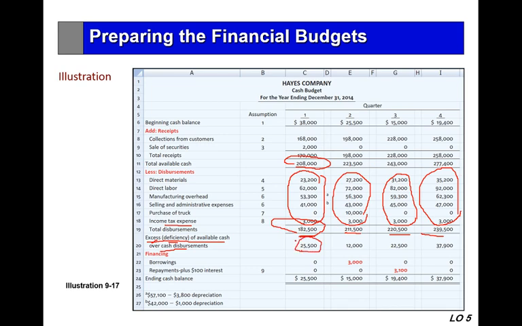We don't put parentheses here. If we don't put parentheses, then it's excess, because parentheses mean deficiency. And we have $223,500 minus $211,500, we have 12,000 here. Here we have $208,000 minus $182,500.